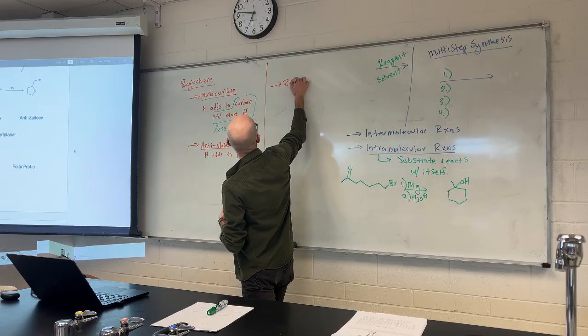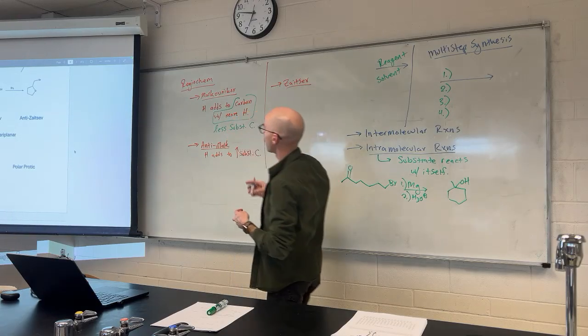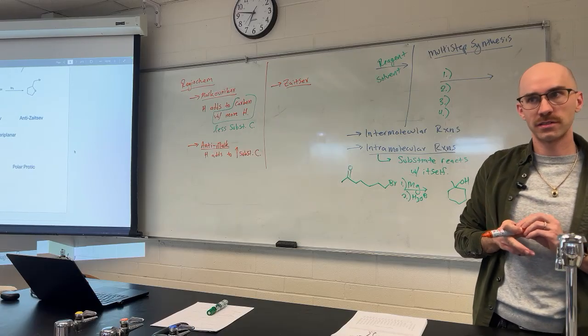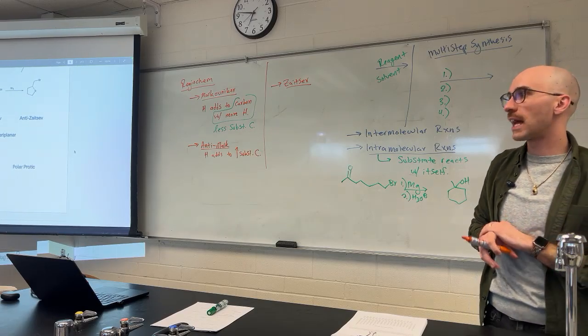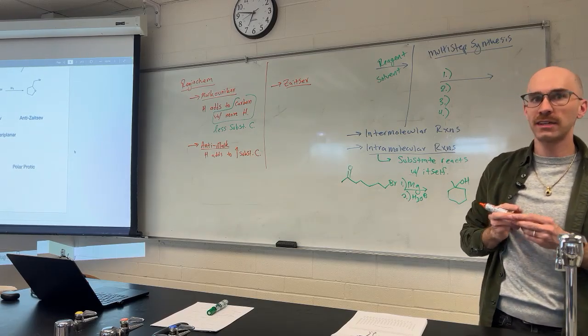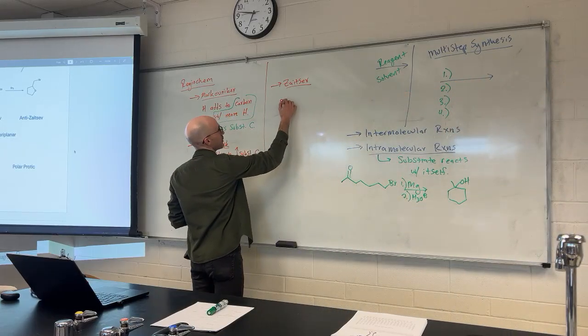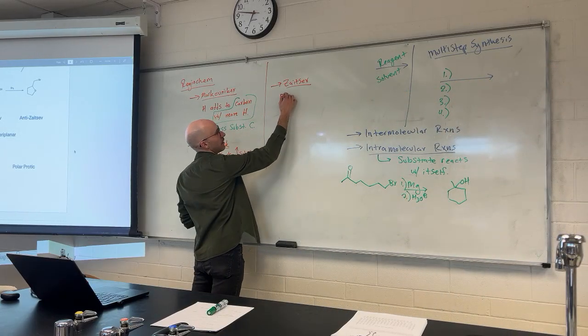Zaitsev developed a rule about elimination reactions. His rule is that the most favorable alkene will form. We're going to cover this later, in Unit 7.